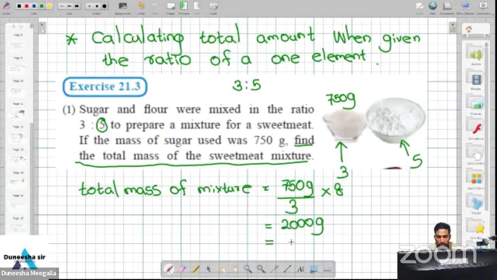It equal to how much kilograms? 2 kilograms. Yes, 2 kilograms. Okay. Write down this one as an example. අපි දන්න එක්කෙනාගේ mass එක එයාගෙම ratio එකෙන් divide කරලා multiply කරා summation එකෙන් ratio එකෙන්.